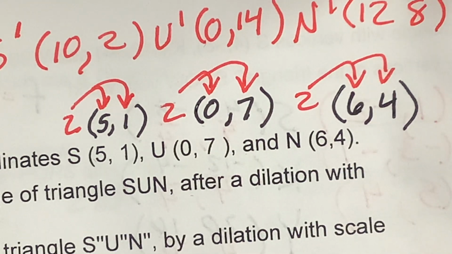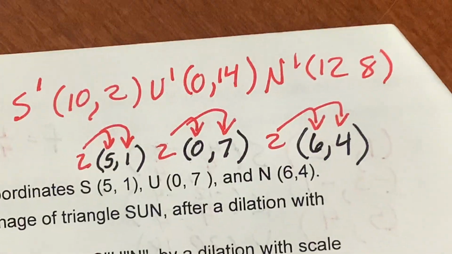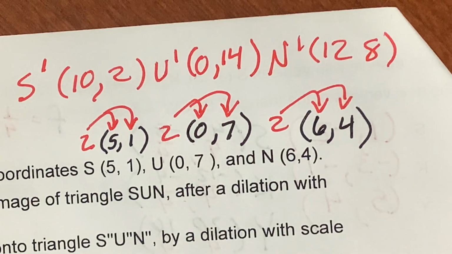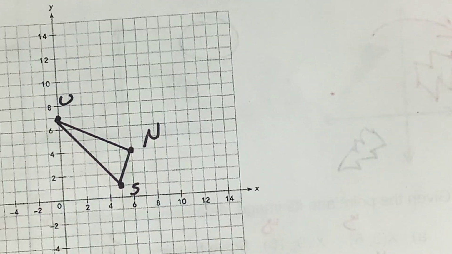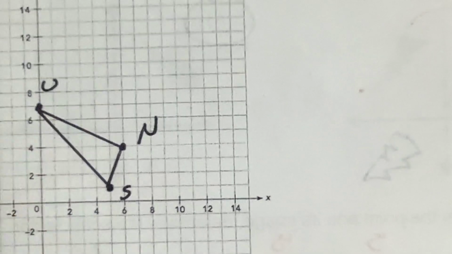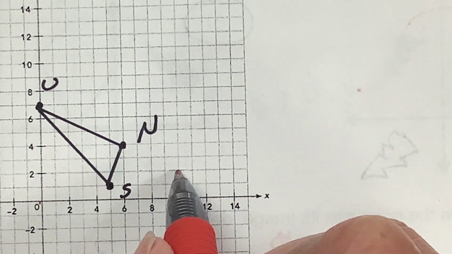So now I have to graph this S prime, U prime, N prime, which I just found, down here on my graph. So not too bad. And like I said, I make this a little bigger so you can see it. The S is at 10, 2.